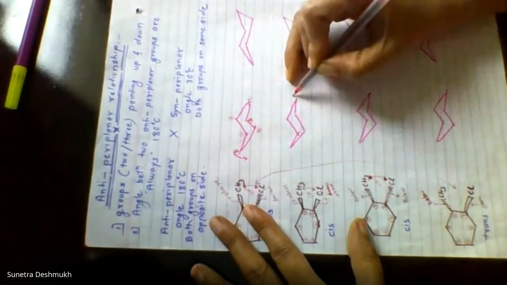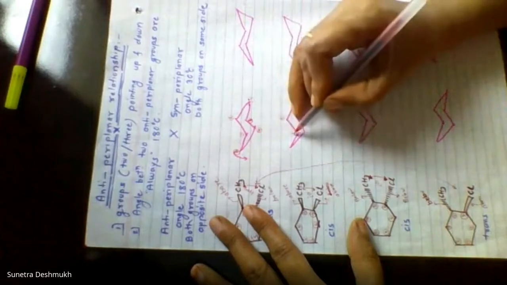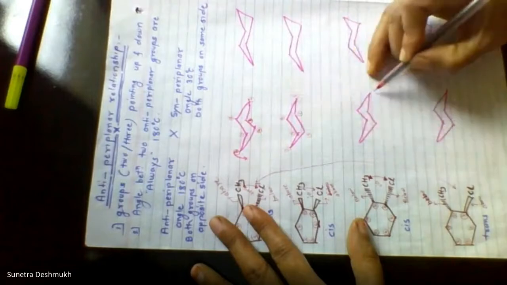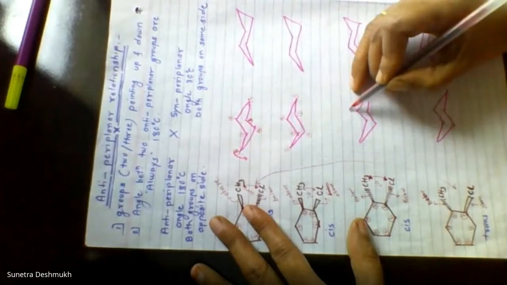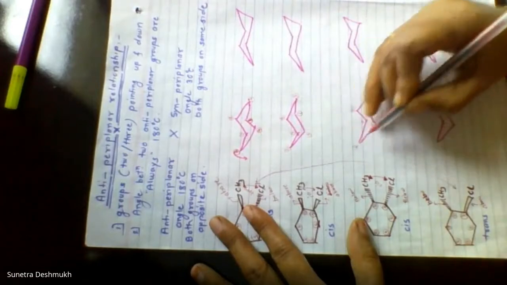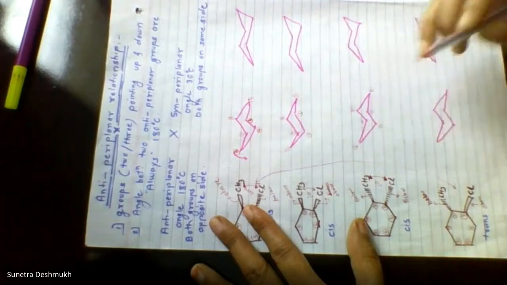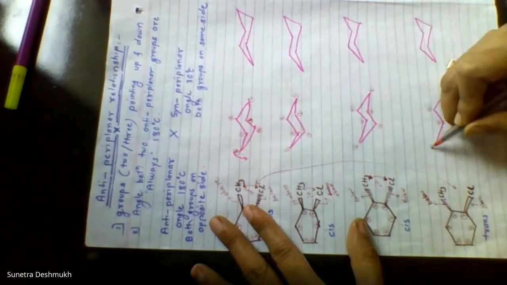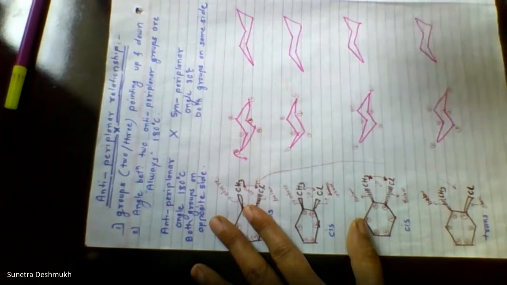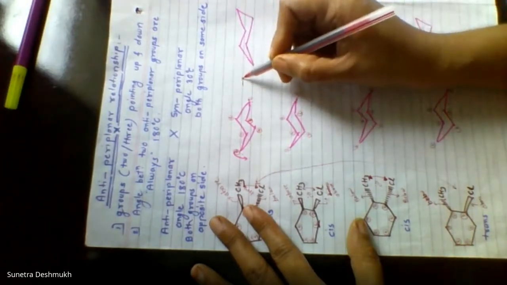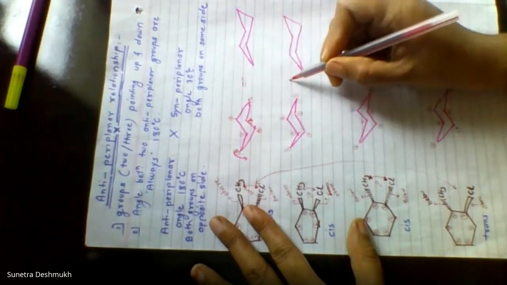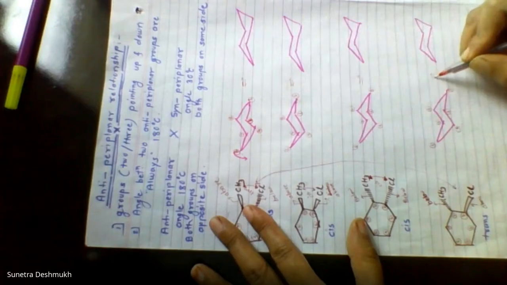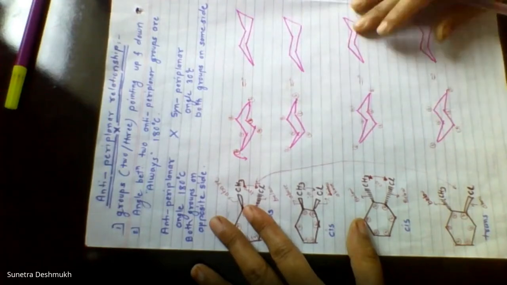I will number the same in the same fashion, 1, 2, 3, 4, fifth, sixth. Now we are just flipping all these chair conformations. So I will write down arrows here first.